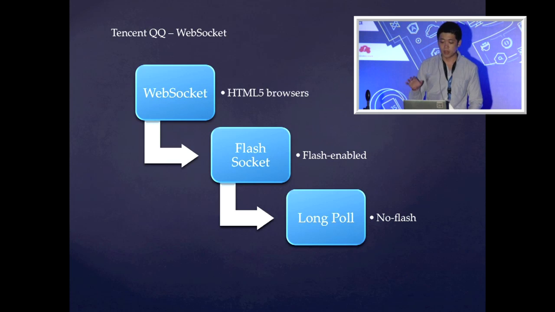And for the core online chat application, it uses WebSocket by default for browsers that support HTML5, it uses Flash sockets for browsers that don't support HTML5, and it uses long polling for browsers without Flash.